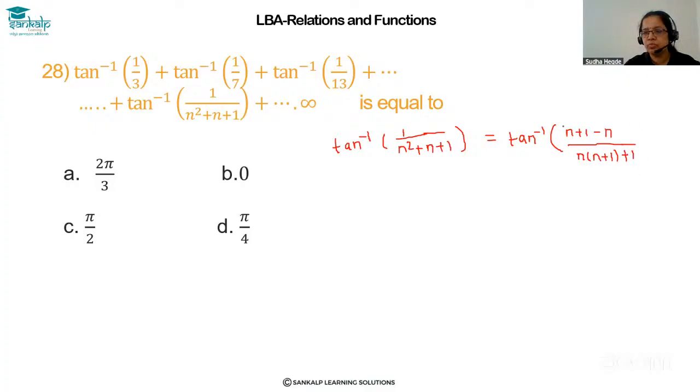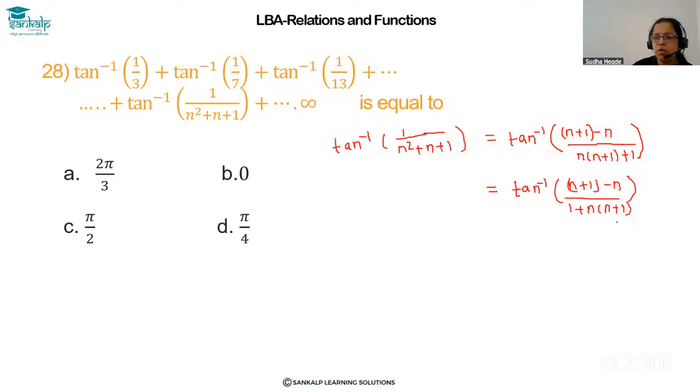Okay, you can take it like this also. So I'm again rewriting this as tan inverse n plus 1 minus n divided by 1 plus n into n plus 1.